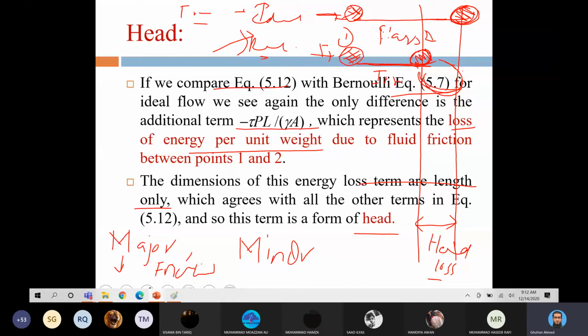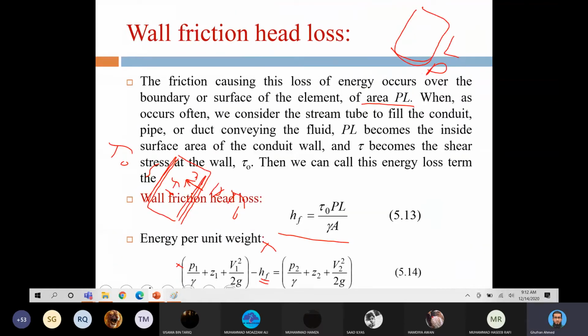So we subtracted the head loss from that first part. Or you can also write it as, instead of this, you add HF here. It means that this is the amount of head loss which the second point measures less. So we have added this head loss at point 2. Either we can subtract from point 1 or we can add at point 2, initial, final.